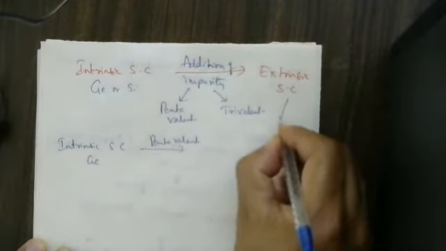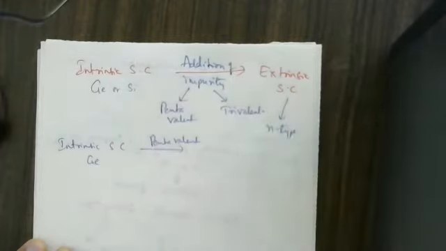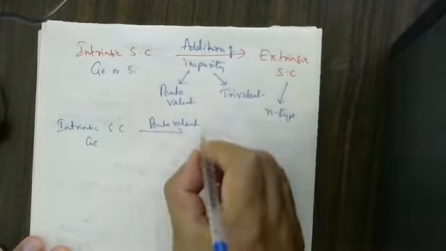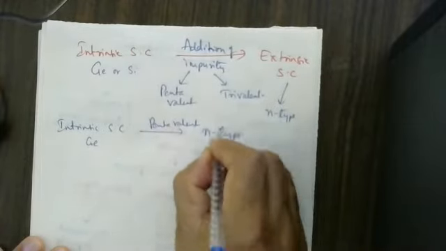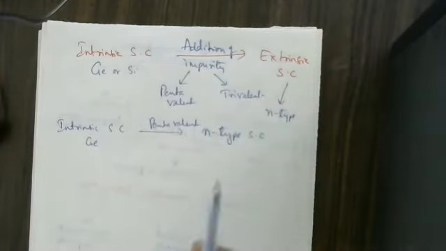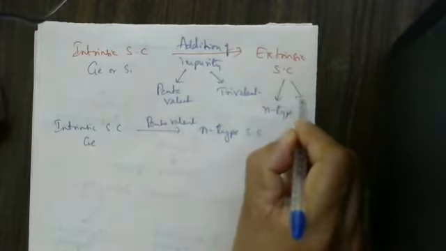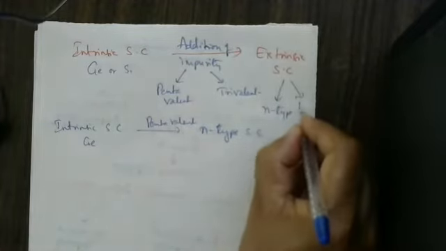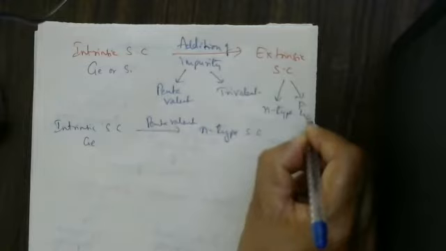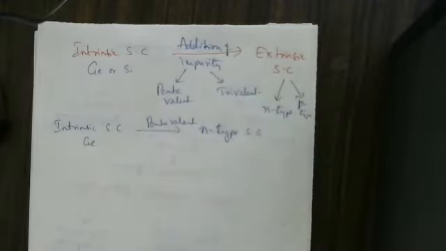That extrinsic semiconductor is called the N-type semiconductor. Therefore, I can say extrinsic semiconductor can be divided into two categories. One is N-type, the other one is P-type semiconductors.